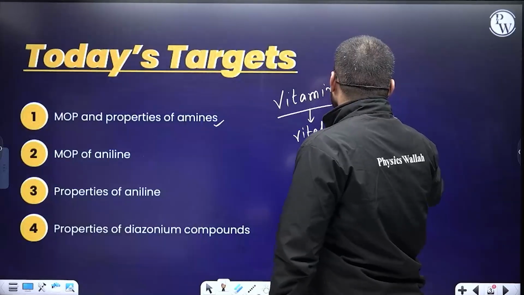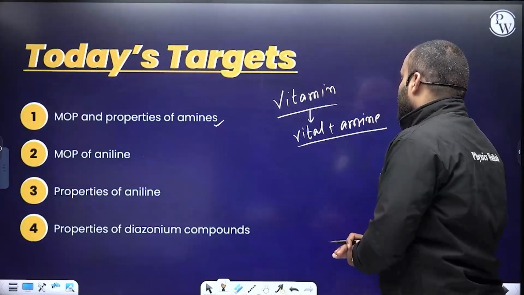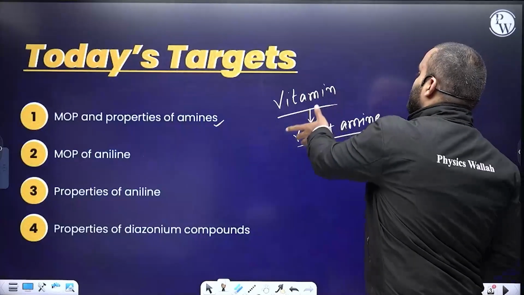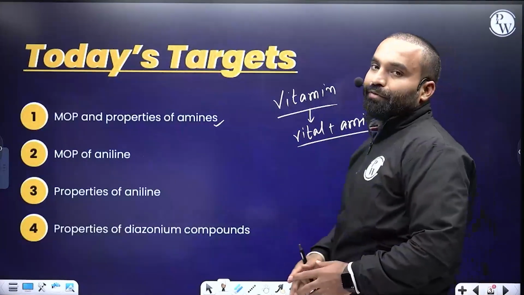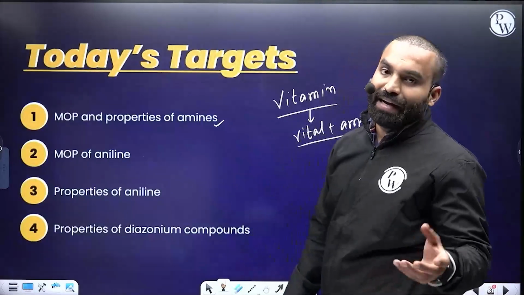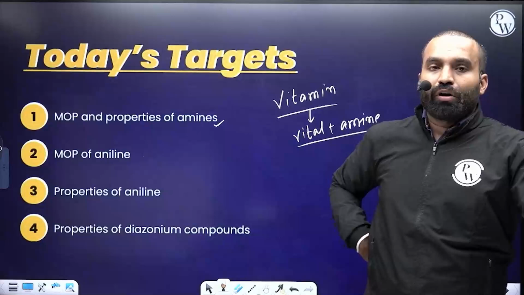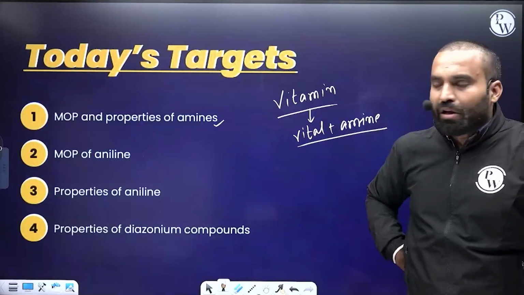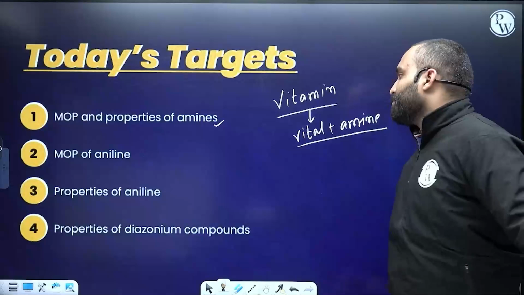So what do we understand from this separation of the two words? That some chemical compounds made from amines are vital for our life. Those are called vitamins, and you know vitamins are extremely important for our growth, for our survival, for any sort of biological function, right?